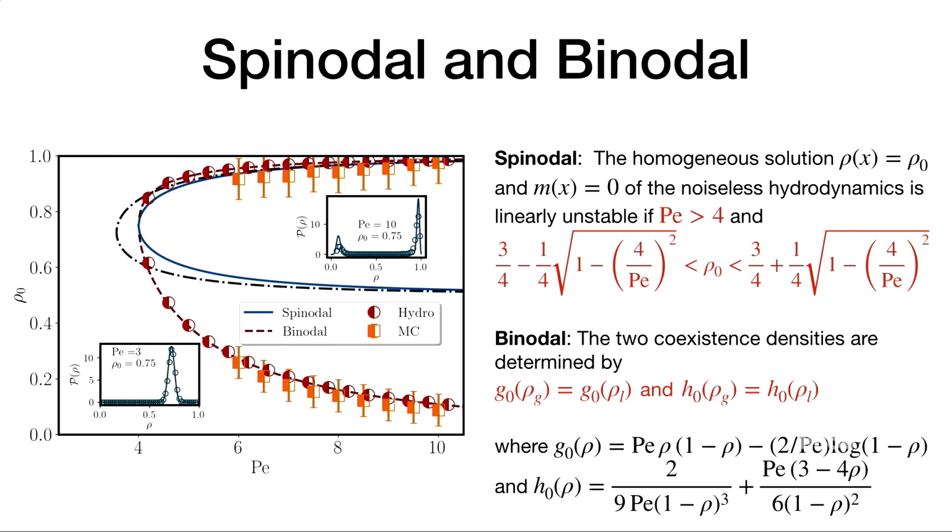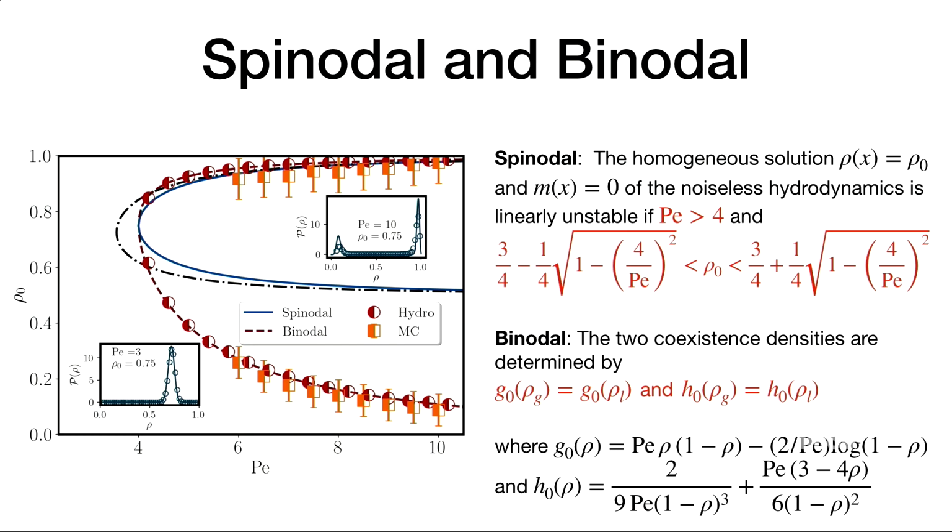Now, given this hydrodynamics, you see from these equations that there is a solution with constant density rho and zero polarization. That is a solution of the noiseless hydrodynamic equation. So you want to ask whether that solution is stable or not.